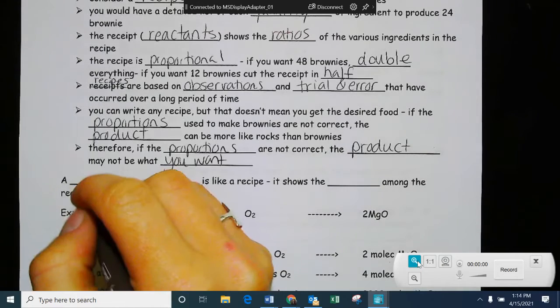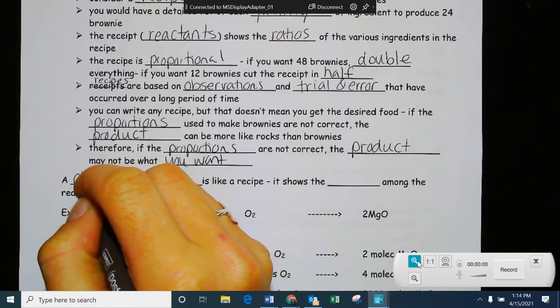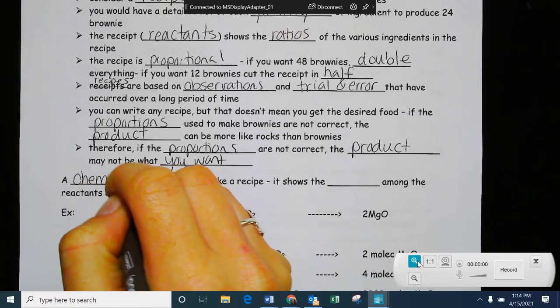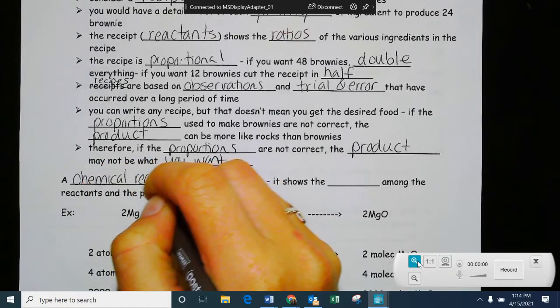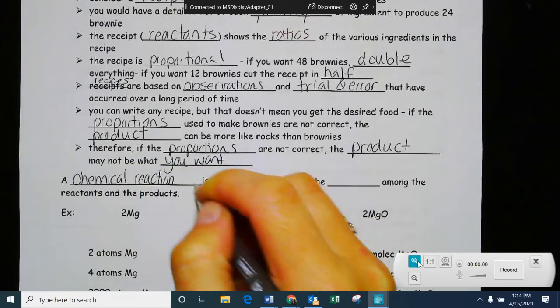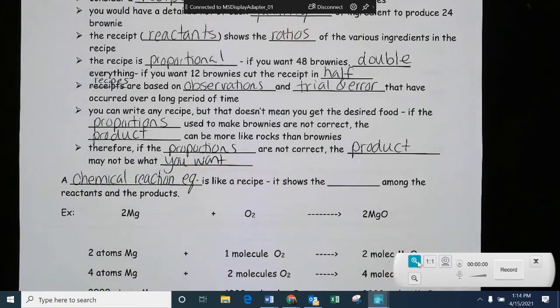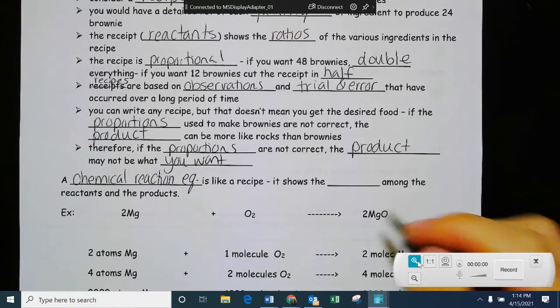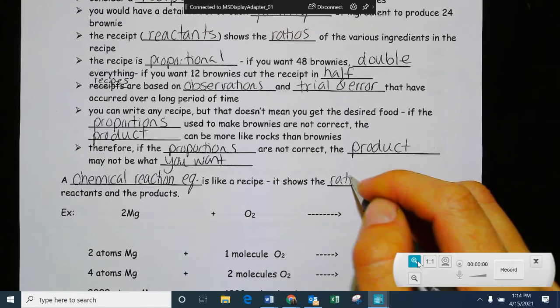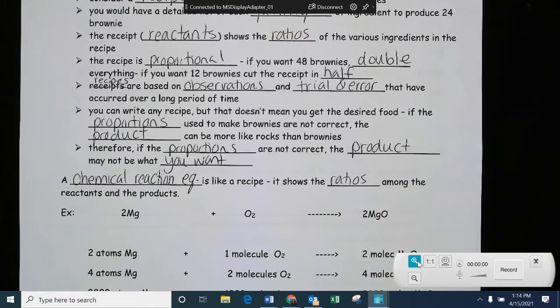Okay, so a chemical reaction equation is like a recipe. It shows the ratios among the reactants and the products. So this is where our coefficients get really important.